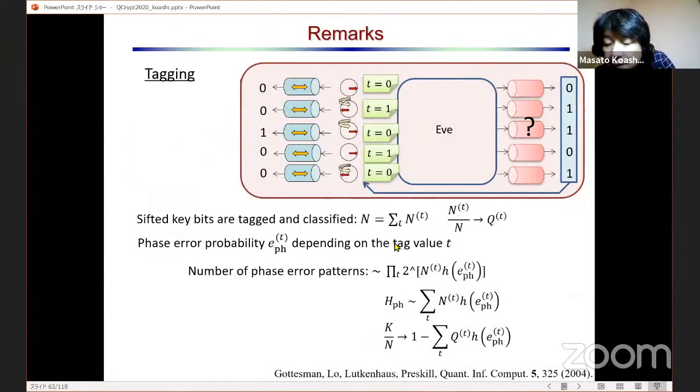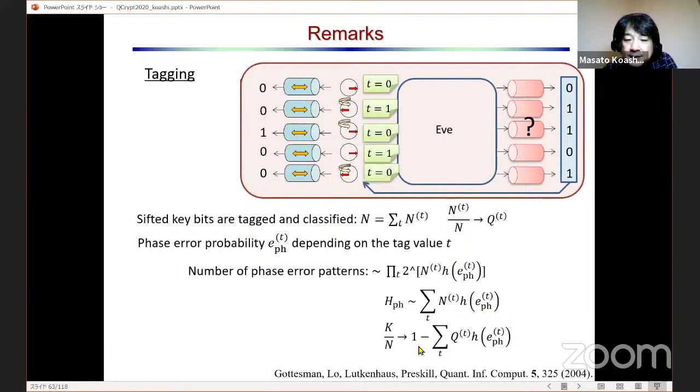Another remark is a technique called tagging. Sometimes you find that some qubits have a higher probability of phase error, and some qubits have a lower probability of phase error. In that case, you can argue that each qubit is somehow tagged, and you can classify the qubits according to the tag and assign different phase error probabilities. Then the number of phase error patterns is given by the product of each pattern, which means that this number is the sum over each tag value.